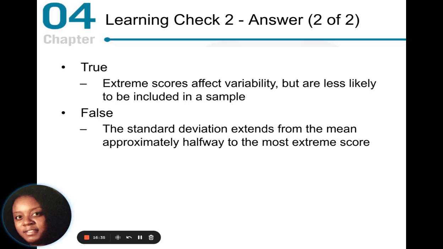And we have one true statement and one false statement. Extreme scores do affect variability, but they're going to be less likely to be included in a sample. The second statement is false because the standard deviation is going to extend from the mean approximately halfway to the most extreme score.